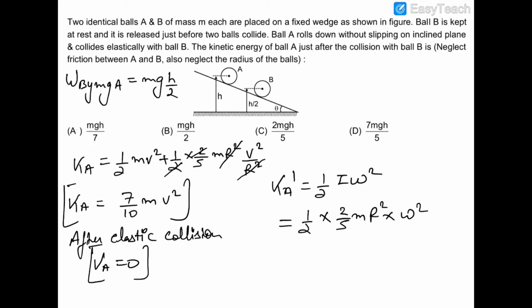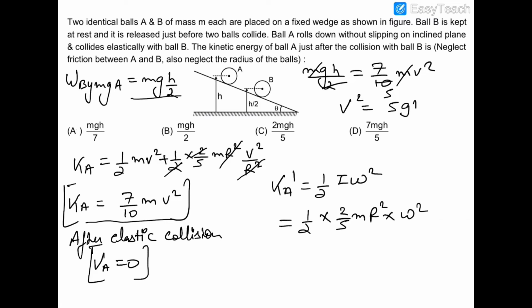Now we have to equate the initial kinetic energy just before the collision with work done by mg. So mgh by 2 will be equal to 7 by 10 mv square, and cancelling m with m, v square is equal to 5gh by 7, and v will be equal to under root of 5gh by 7.